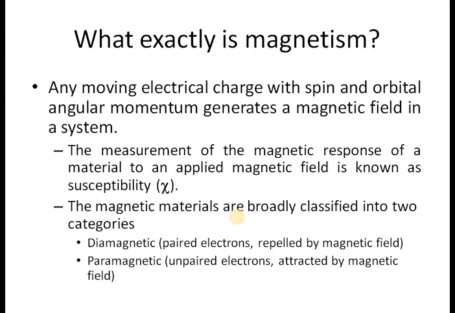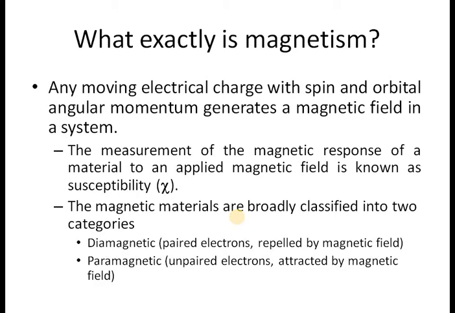What exactly is magnetism? Any moving electrical charge with spin and orbital angular momentum generates a magnetic field in a system. The measurement of the magnetic response of a material to an applied magnetic field is known as the susceptibility.